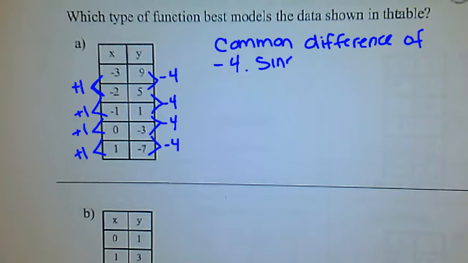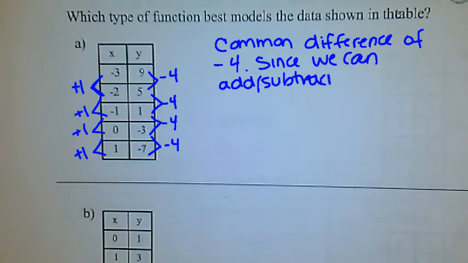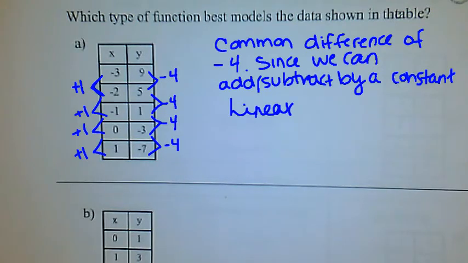So since we can add or subtract by a constant, this is a linear function. Okay, now if we went one step further, so this is linear.